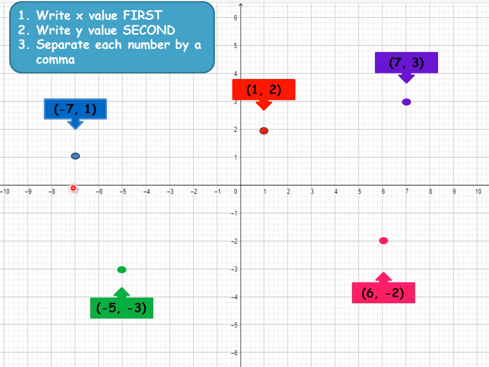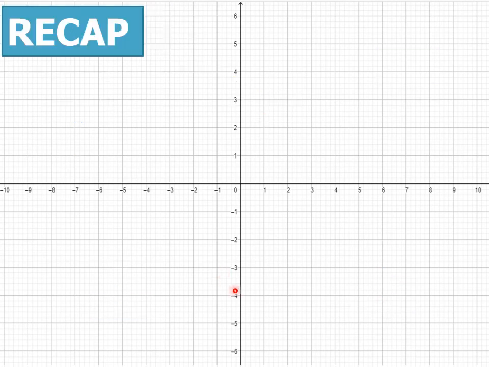So even though the x-axis runs across, you're going to go vertically to find the position, to find how the dot lines up. Right? And the y-axis, even though the y-axis runs vertically, you're going to find a number that lines up with it. All right?